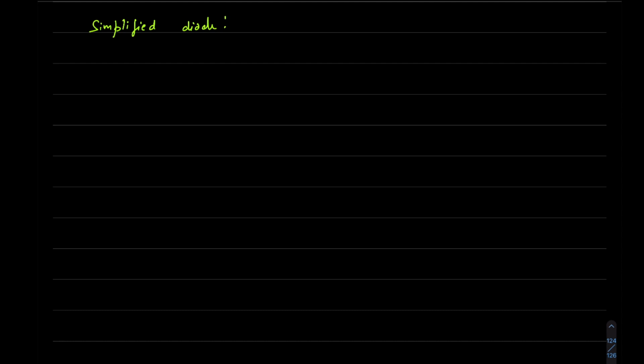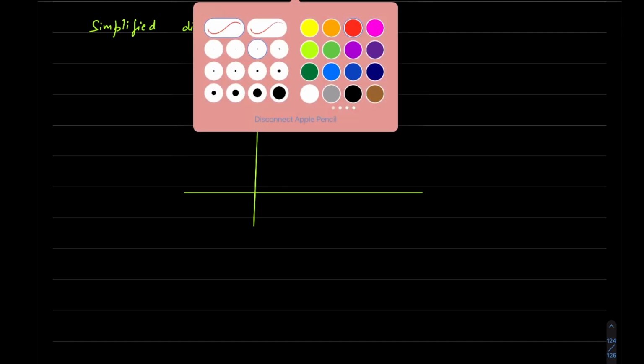Now we'll move on to the simplified diode. So if I draw the simplified diode's graph, thank you for the beautiful lines. This time we'll use red. So ready, VD. The equivalent model in this case, for simplified model, consists of a battery and an ideal diode.